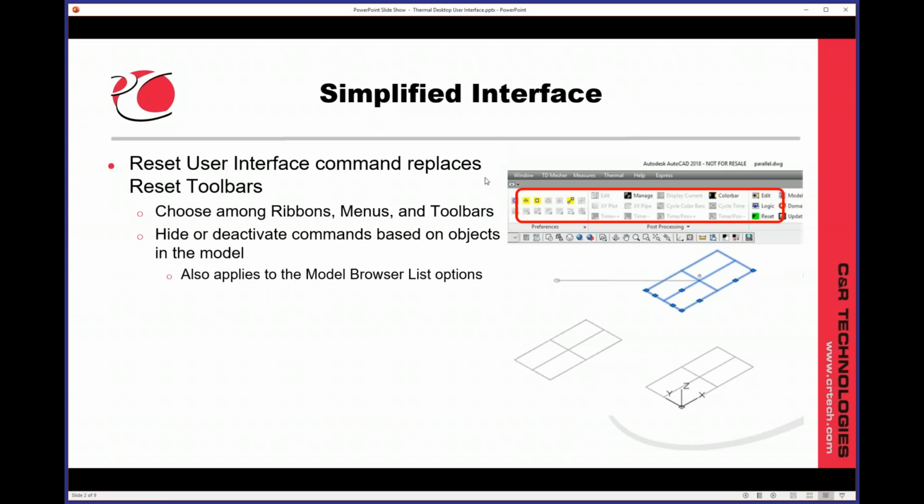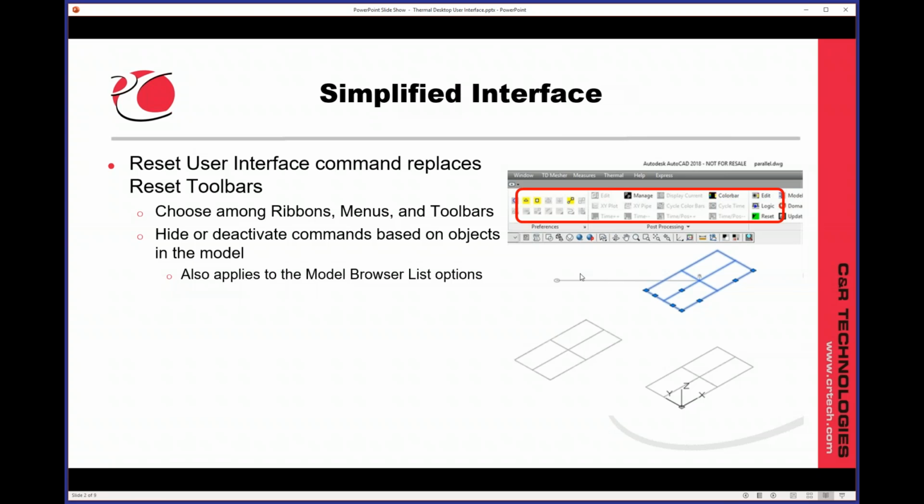For those of you who are newer to our software, it can be a pretty complex interface, but there's also a way to either hide or deactivate commands based on what is in the model, so which commands make sense. If you look over here, this model has surfaces and conductors, and you can turn the visibility on and off for those, but there are no pipes or any other fluid objects, so those are deactivated.